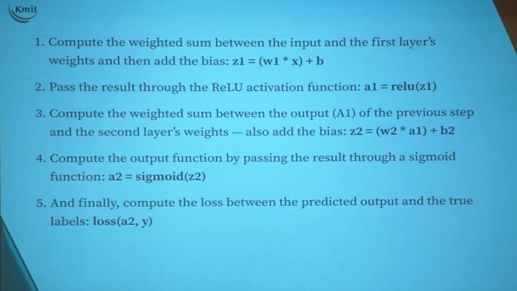Why ReLU? Because it is the hidden layer. What is Z2? Summation of A1 into W2 plus B2. Okay. What is B2? Sorry. What is A2? Sigmoid of Z2.